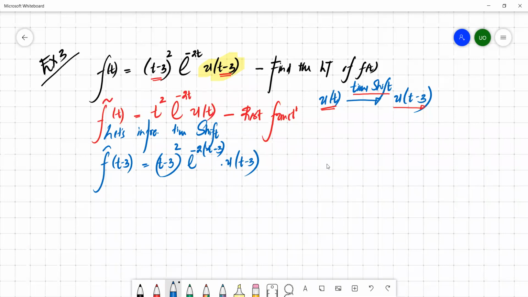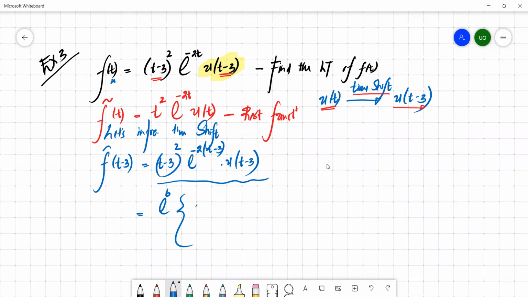If we rearrange these terms, because now I need to replace the right hand side with f(t), we have e to the power 6 here.